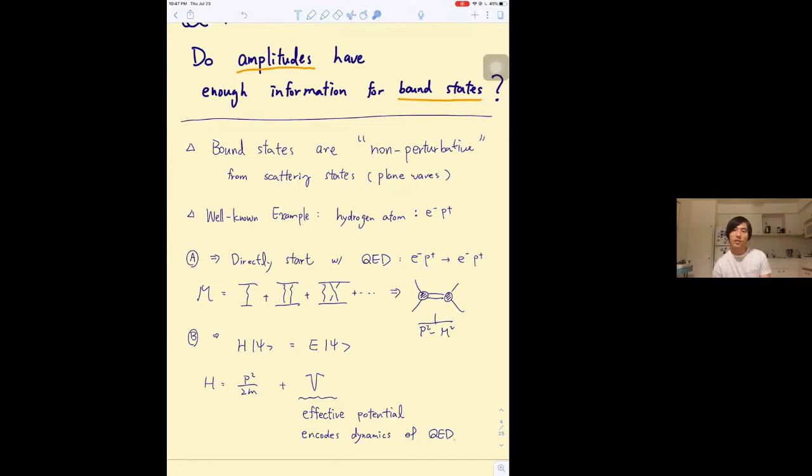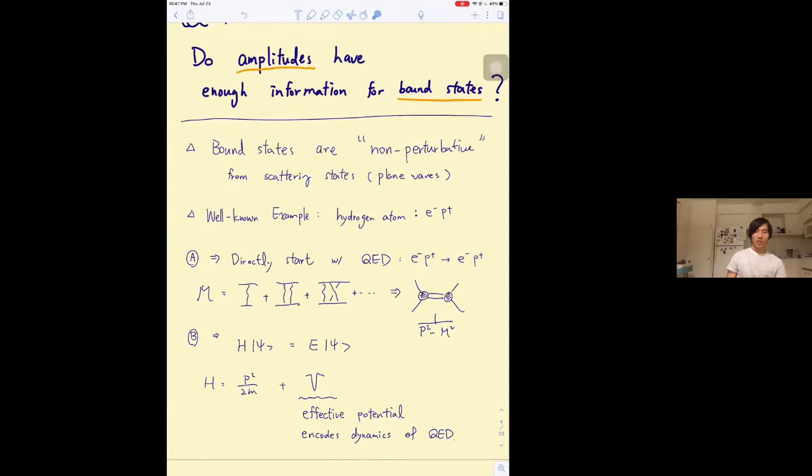And of course, you can add more QED effects by adding higher-dimensional corrections. However, once you have this effective potential, all you need to do is solve the Schrödinger equation. Once you have this effective potential, you don't have to know about the underlying quantum electrodynamics. The photons are integrated out. And so solving for these bound state wave functions and spectra is relatively simple.